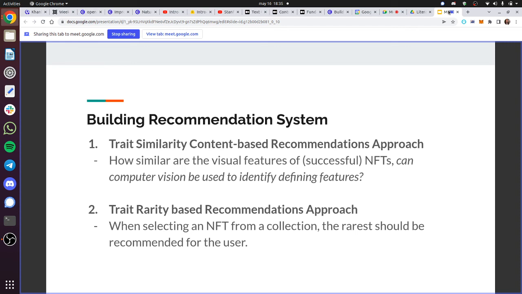And the other approach is the trait rarity-based recommendation approach. So there the authors say, okay, we have a successful collection of NFTs, but the user should be recommended the rarest of it. Because the rarest of one NFT collection, of course, probably drives the best value. So these two approaches always have to be together, but none of them can stand alone.